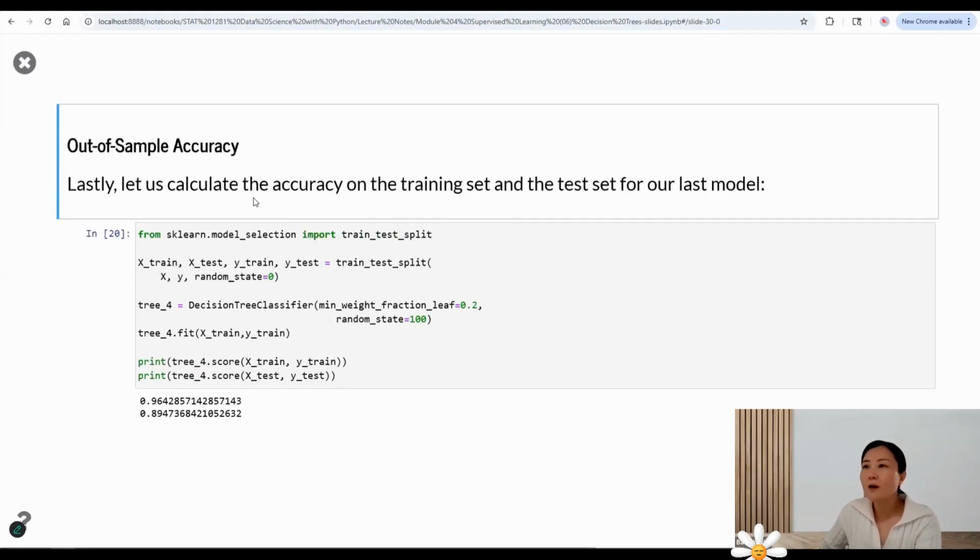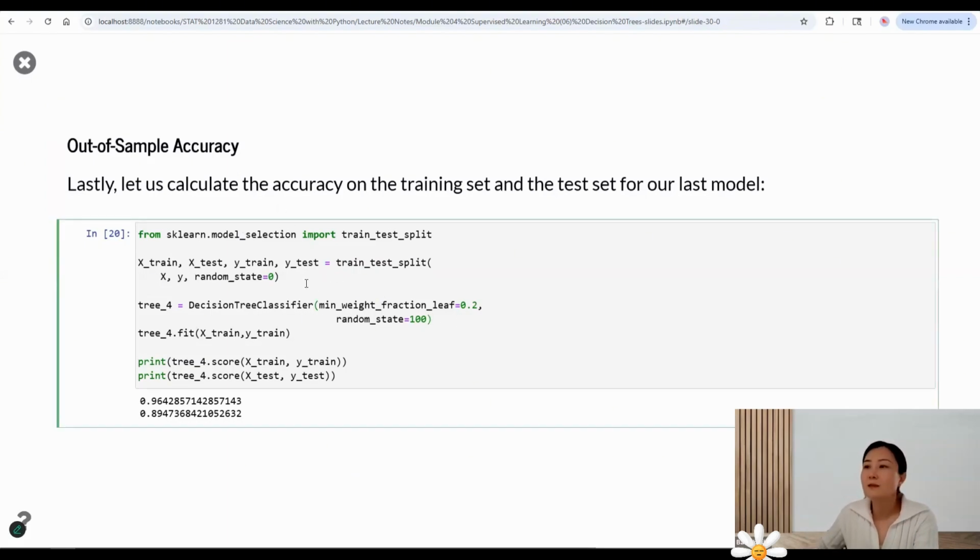So next, out of sample accuracy. The purpose of building a machine learning model is to do precise prediction for observations that it has never seen. So out of sample accuracy is the most important measure. So previously, in previous examples, we didn't split the data.